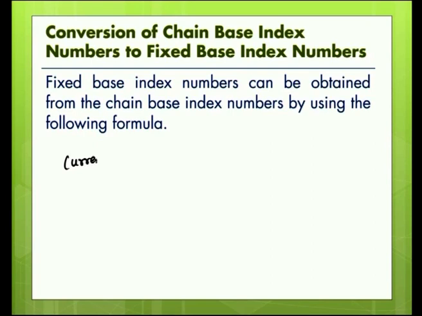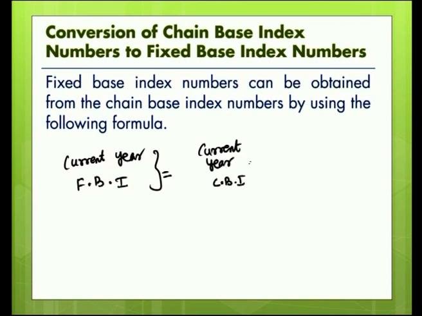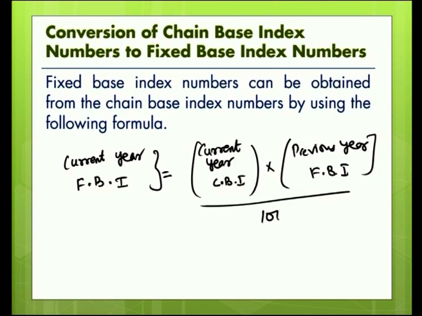So, current year fixed base index is equal to current year chain based index into previous year fixed base index divided by 100.